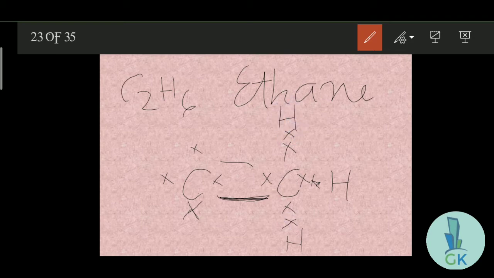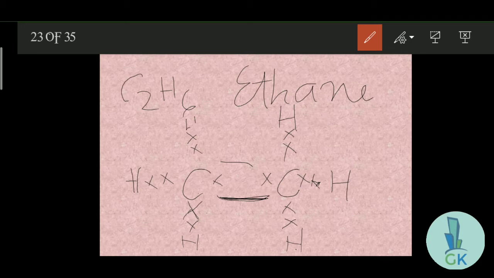So see, 3 hydrogen atoms are needed to fulfill the octet rule for 1 carbon, and 3 more hydrogens are needed to make the structure for ethane. Now we have C2H6. So this is how the electrons are being shared and the structure is being formed.